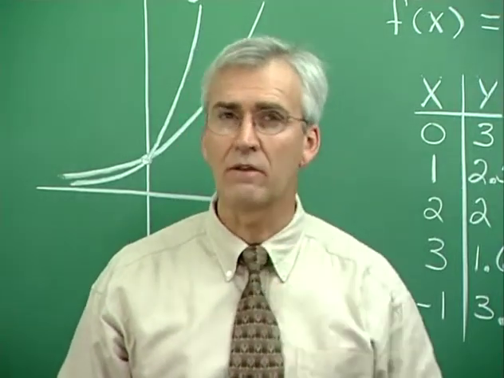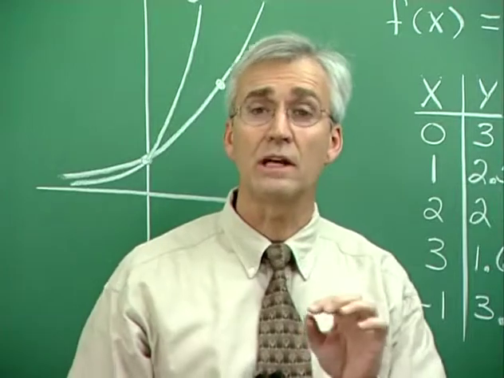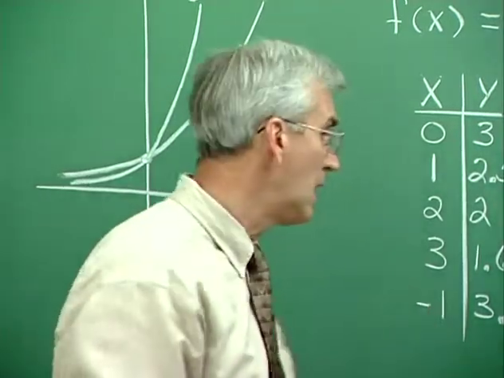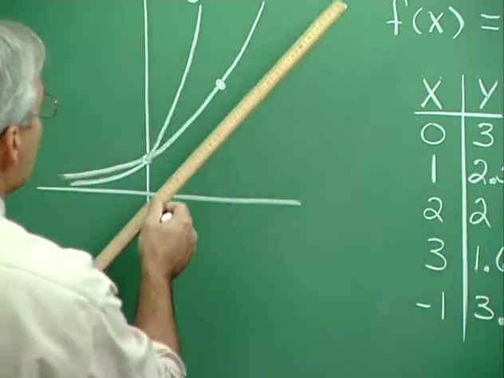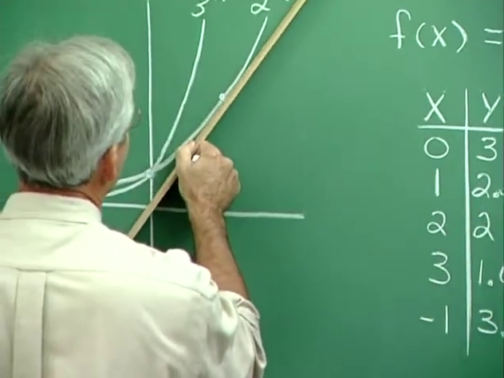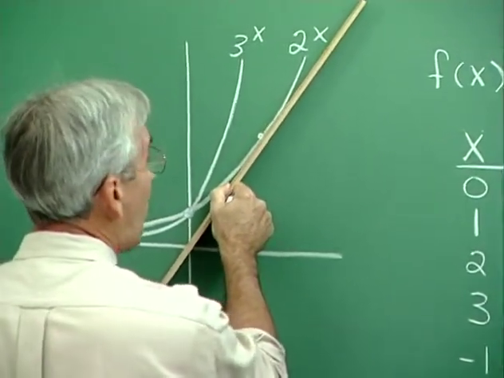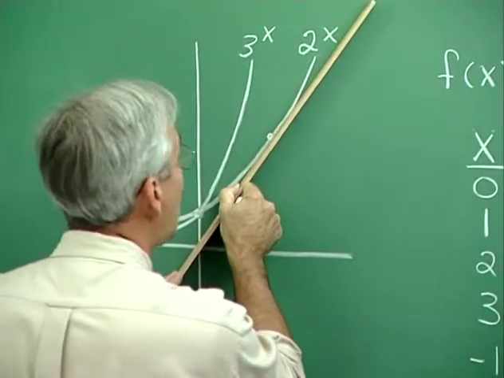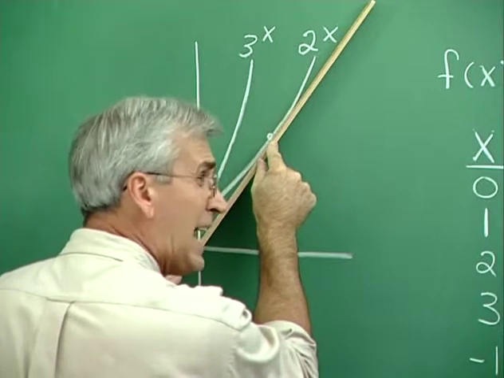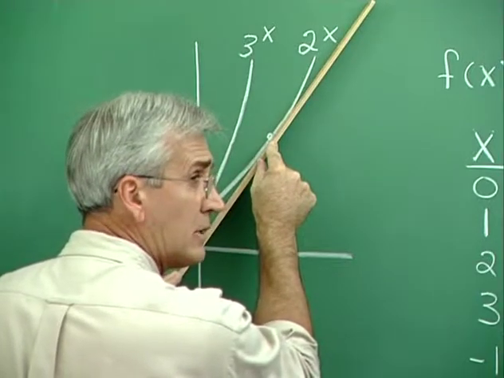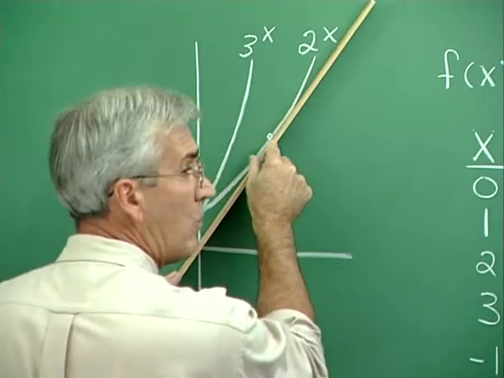And the slope of the graph is calculated using what's called a tangent line, a line which is tangent or barely touching at a particular point, like right here. The tangent line at that point would be this line, and the slope of this line at that point would be the rate of change at that point. You see, the slope of the tangent line at a point.